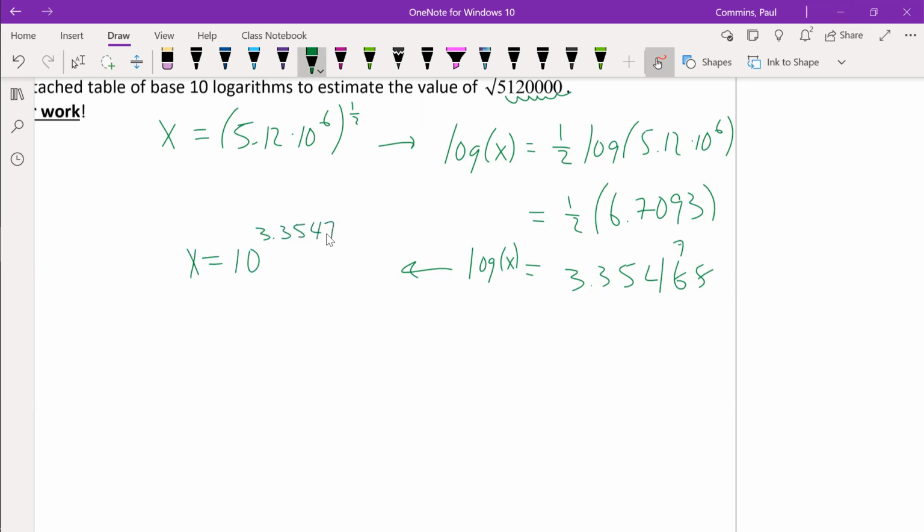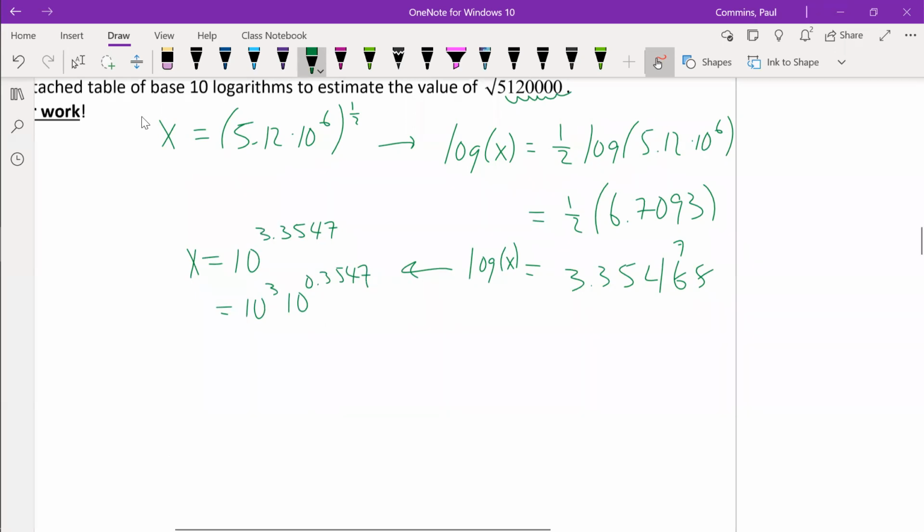We can raise 10 to any number between 0 and 1 with our log table. 3 significant figures. So we'll break this up into a whole number and a number between 0 and 1. We just have to look up 10 to the 0.3547.